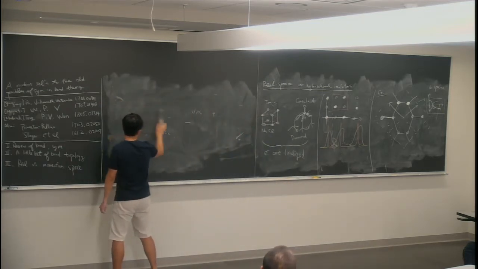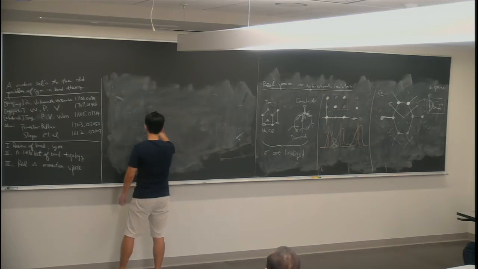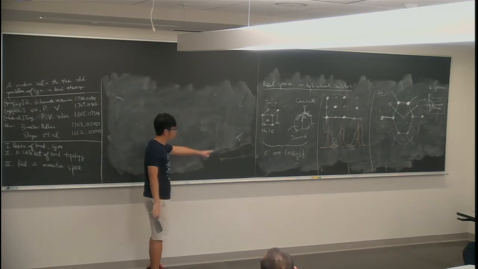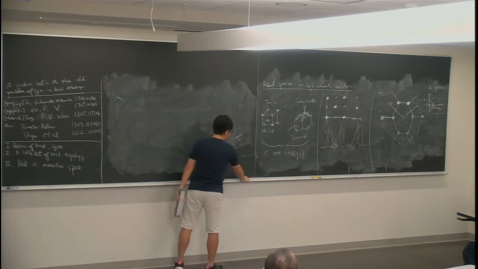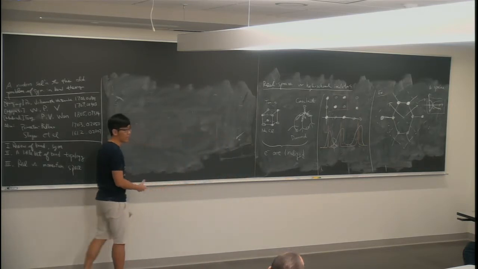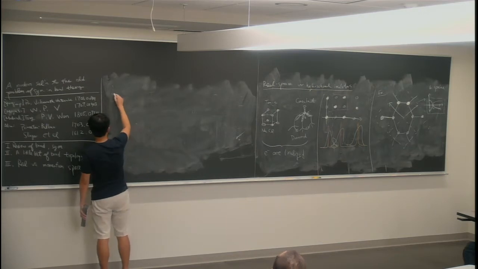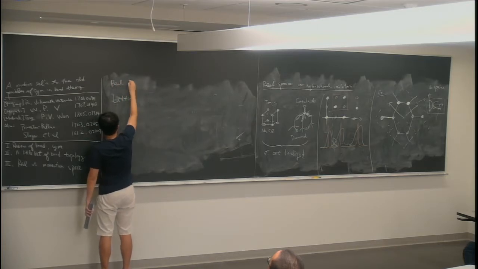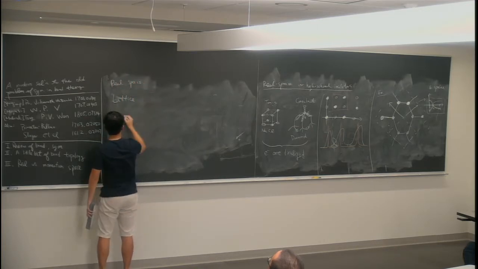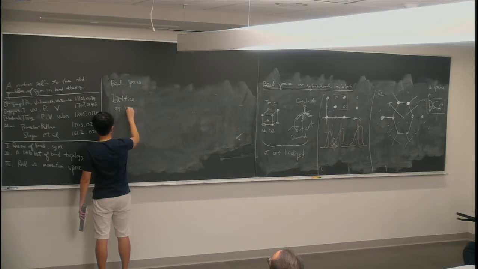So the main claim of that discussion is the following. If I want to think about only a real space insulator, I don't need to worry too much about all this stuff of the representations in the momentum space and how they're compatible. All I need to know will be two pieces of data. First, the lattice in real space. So an example would be honeycomb.